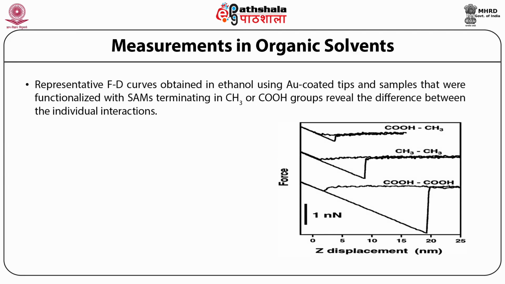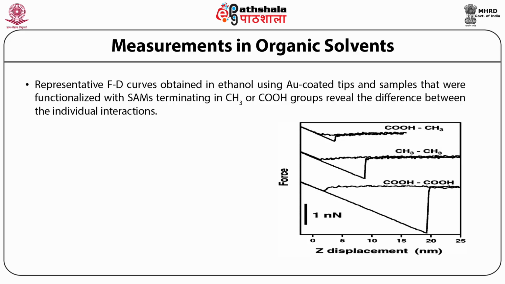Representative figure of FD curves obtained in ethanol using gold-coated tips and samples that were functionalized with SAMs terminating in CH3 or COOH groups reveal the difference between the individual interactions. Here, a graph has been given which is a plot of force versus displacement denoted by Z on the x-axis.